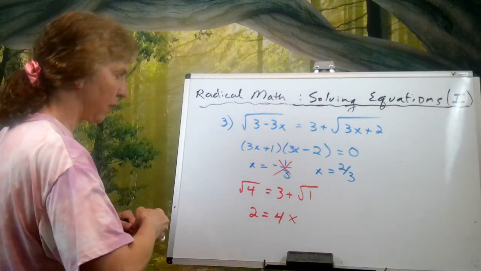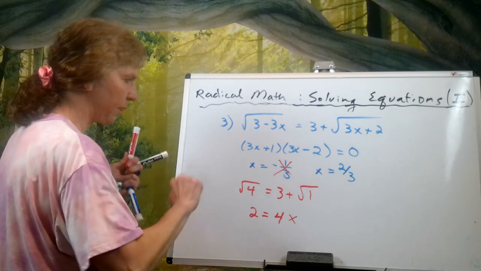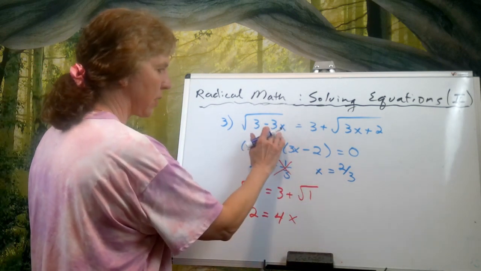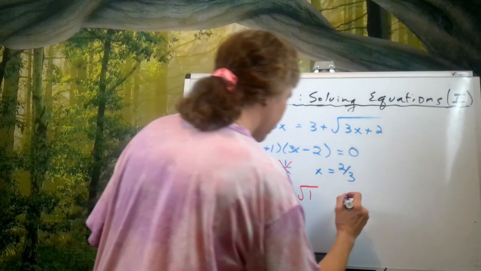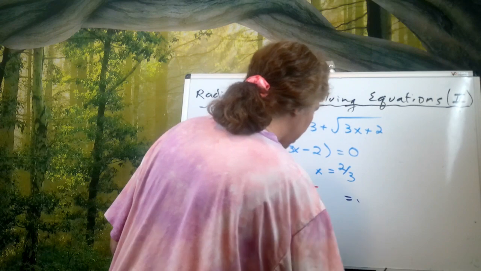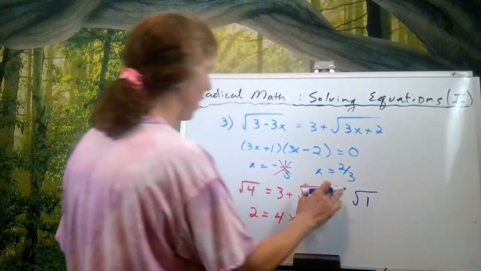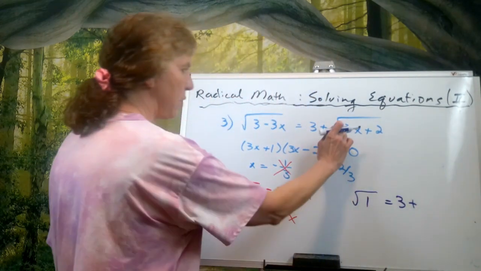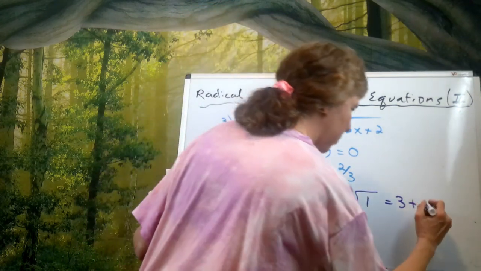And we're going to check the other one too. So this is the 2/3. So 3 minus, plugging in 2/3 times 3 is 2. 3 minus 2 is square root of 1. Oops. Let's just leave it like so. All right, equals 3 plus 2/3 times 3 is 2. 2 plus 2 is 4.